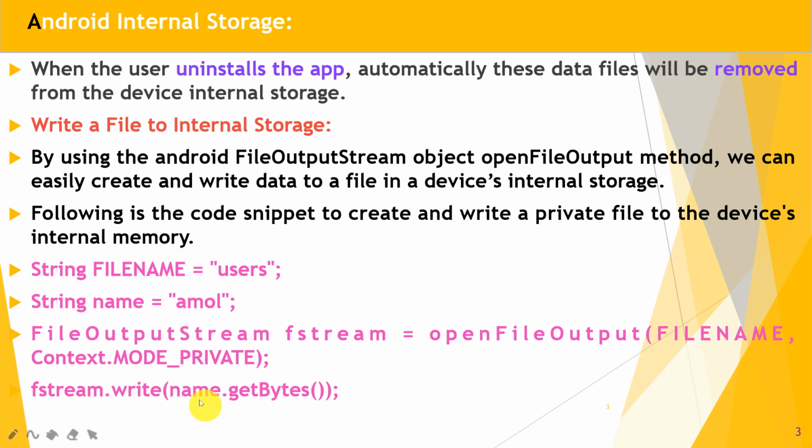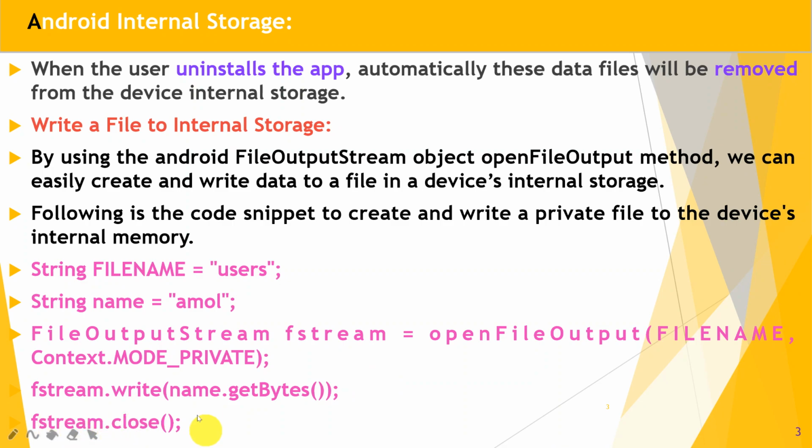There are a number of ways you can write the data. name.getBytes, so you can write the data into the file users using the write method. Great. After that, properly close the streams, fstream.close.